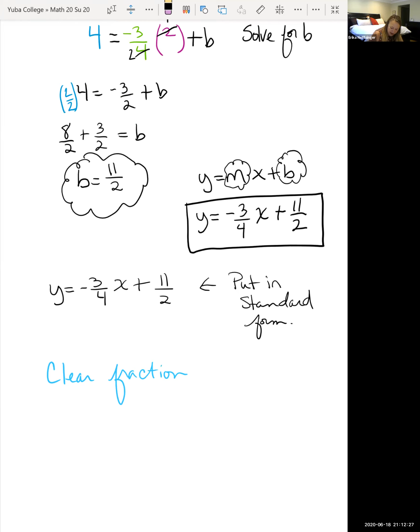So if we multiplied everything through by 4, we would get 4y is equal to negative 3x plus, because the 4's cancel, 2 goes into 4 twice, 22.